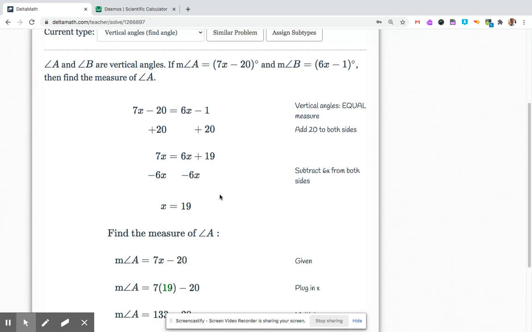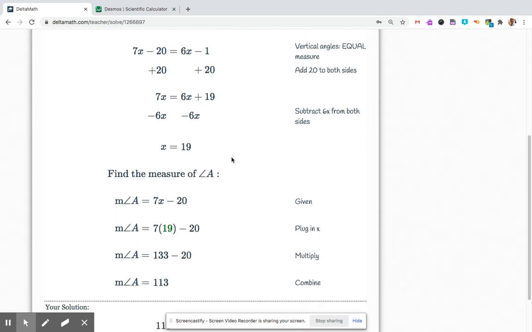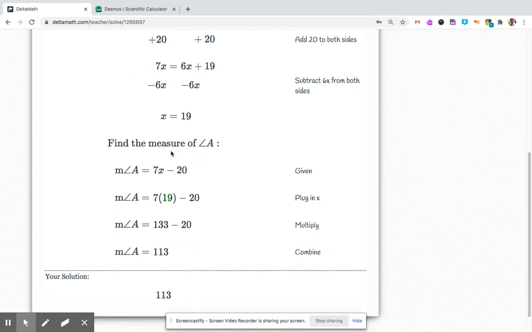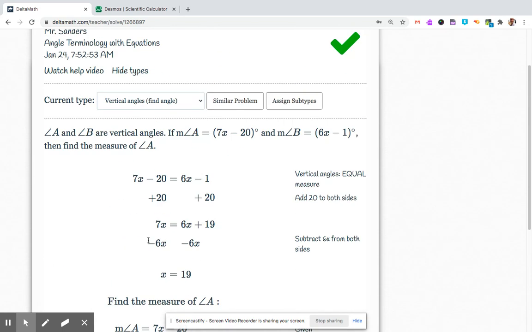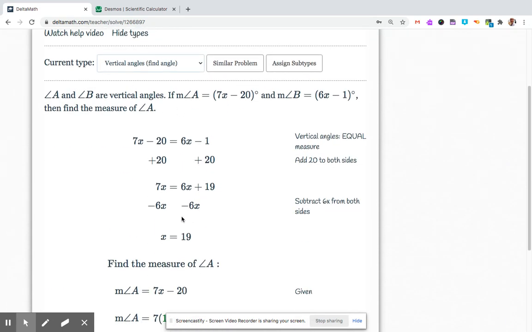It just might mean you have more steps. I did x's on one side first, then the numbers. He's doing numbers on one side, then the x's. Then find the measure of angle A. Once you have what x is equal to, plug it in, and the answers are the same. So the problems are going to be very similar to both of these two. Just make sure you give them what they're asking for.